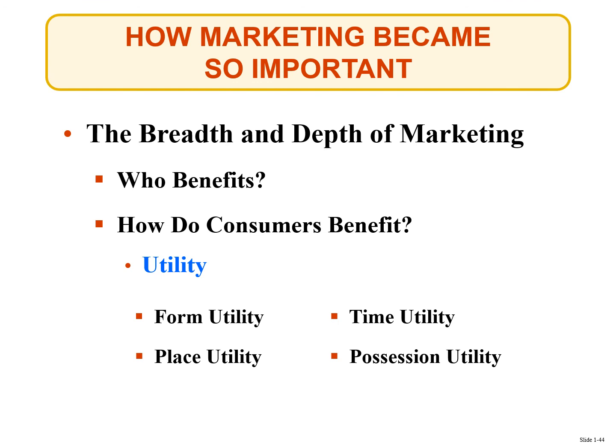The next one is place utility, which means that when you're offering the consumer that product that they need at a place that they want it to be at, so you're making it available at a place where the consumer needs it, is place utility. So you don't have to travel, you don't have to go anywhere else to get that particular product. That's place utility. Time utility means that when you're making it available when the consumer needs it, that's time utility.